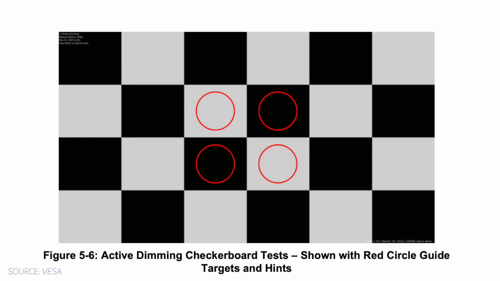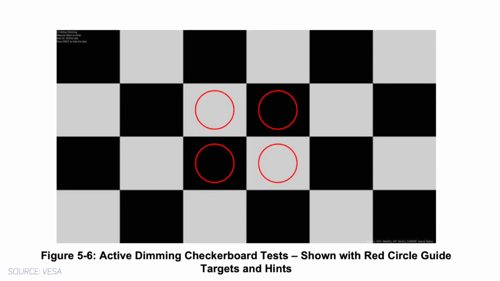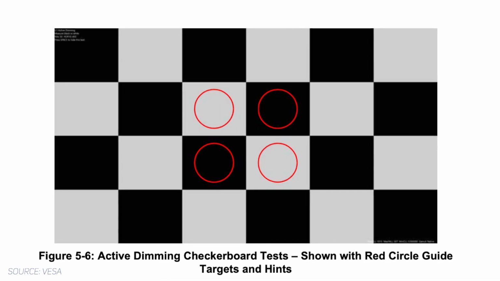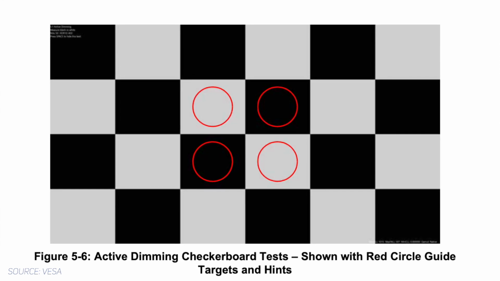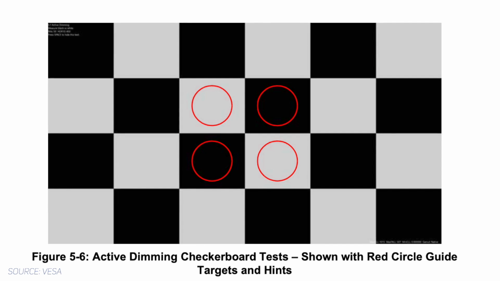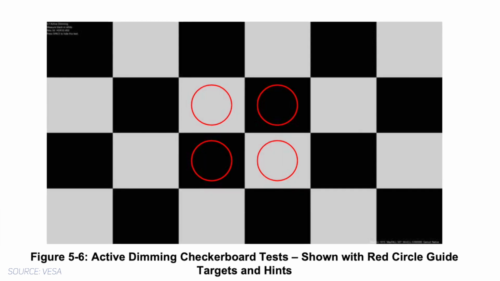Specifically, we use a checkerboard. Traditionally it's a 4x6 black and white checkerboard. And you can put your optical sensor on any black square of the checkerboard. As the white level of the checkerboard is brought down, you should correspondingly see a black level reduction of the black squares in the checkerboard.